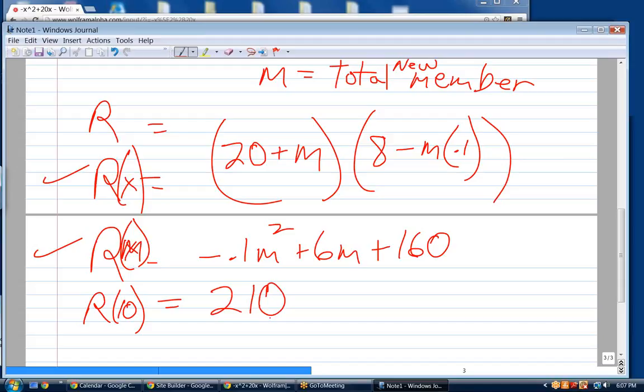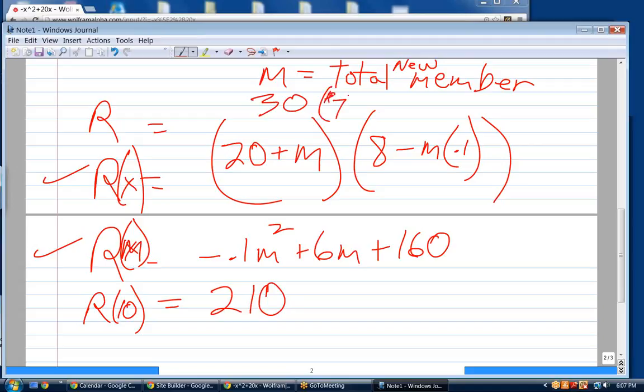Now, let's see if that makes sense. So we have 30 members, and every member is going to pay $7, right? Yeah. Because there were 10 new members, so every member got his dues reduced by 10 times a dime, or a dollar. So that seems right.